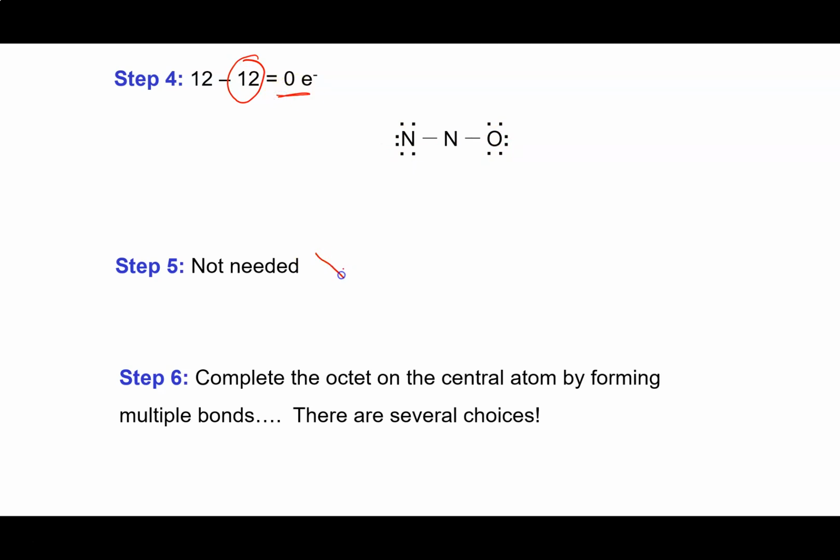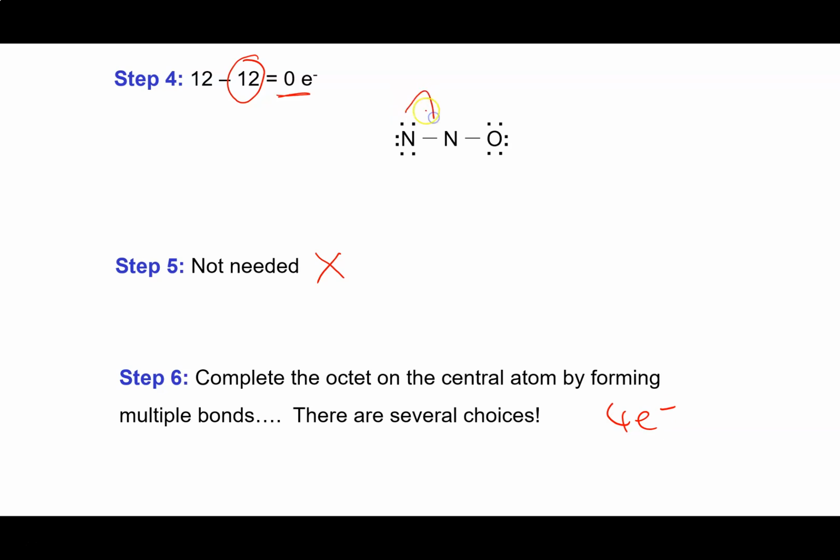Step 5 isn't needed because we don't have any electrons to place on our central atom, and now we just have to look at our central atom and see what we have to do to get it to have an octet. We see that there are 4 electrons around our central atom, so we need to bring in another 4 electrons. The question is, how do we do it?